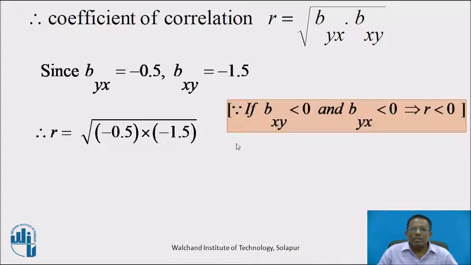But we know that if bxy and byx both are negative, then r is also negative. Therefore, r equal to, first we write the minus sign as it is, and the simplification of under root 0.5 into 1.5 gives 0.87. So, here the coefficient of correlation is minus 0.87 between the variables x and y.